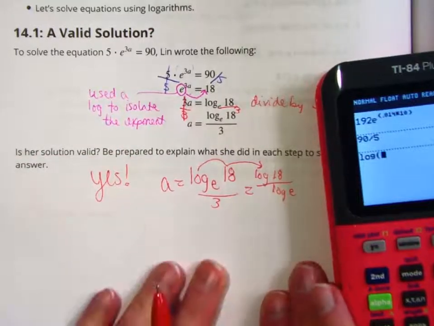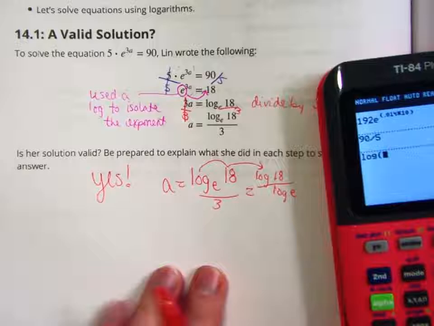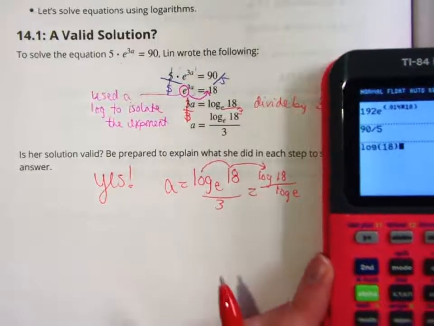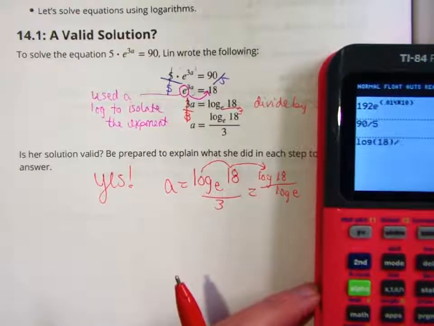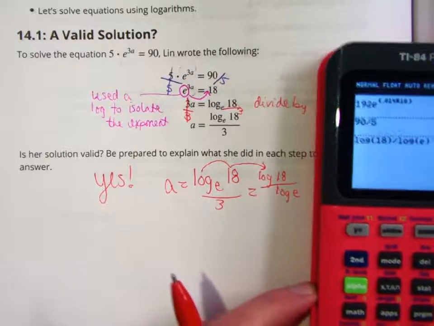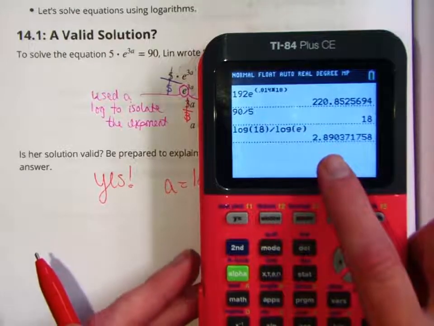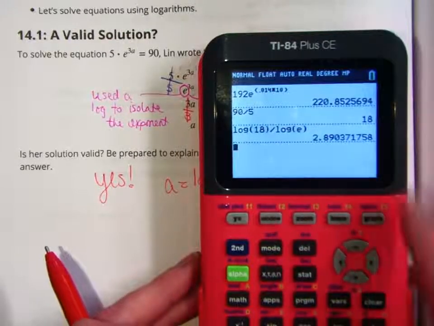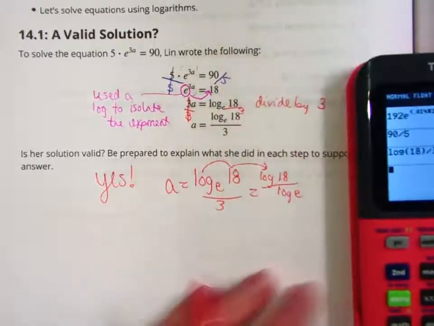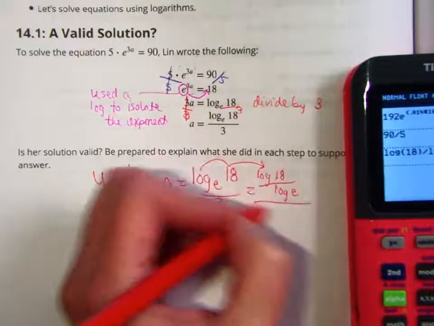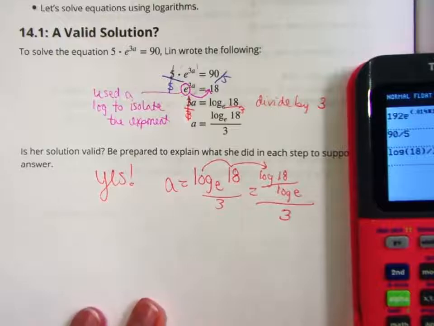So I'm going to just do that step first in my calculator. Log 18, close parentheses, divided by log e, close parentheses. And that is looking at about 2.89037178.